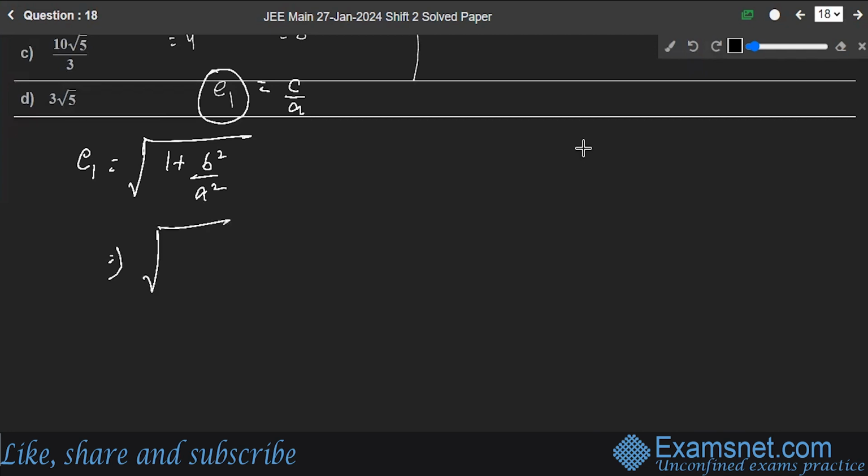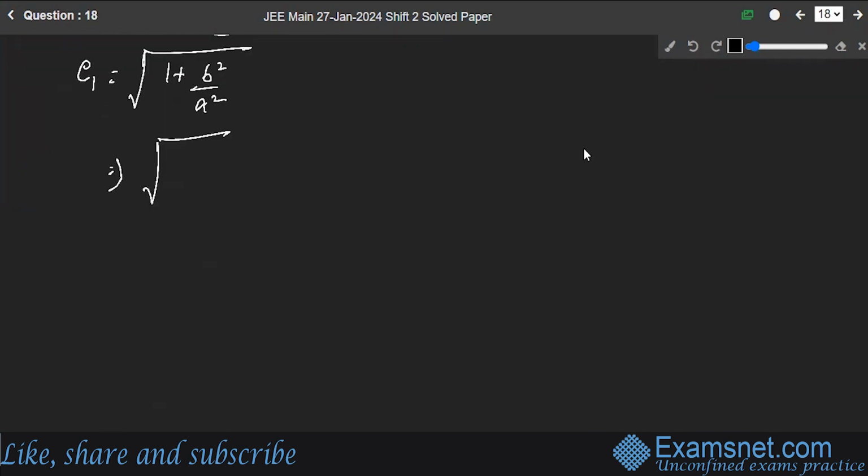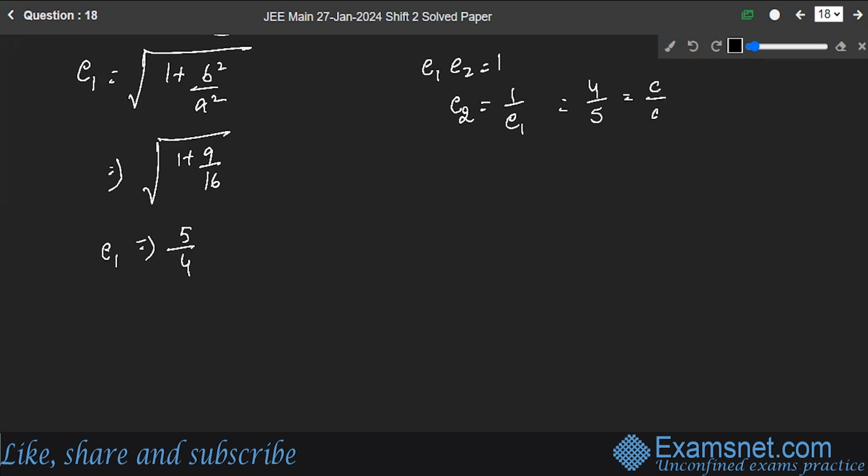Here b is 3 and a is 4, so 1 plus 3 square upon 4 square, that is equal to 5 upon 4. That's your E1. Also in the question, you are given E1 into E2 is equal to 1. So that makes E2 equal to 1 upon E1, which is 4 by 5. You know that e is equal to c upon a.